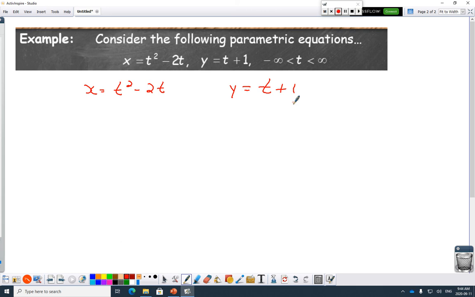I'm going to go after this one. y minus 1 equals t. Yes? And then over here, sub t equals y minus 1 into x. x equals, so the t is y minus 1.